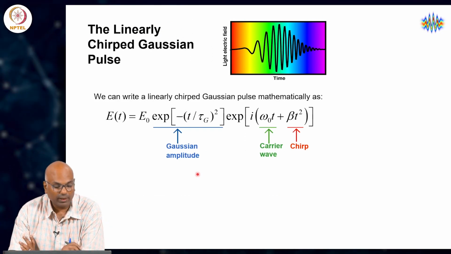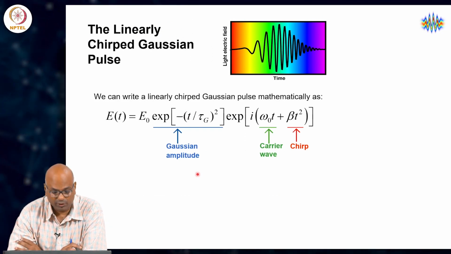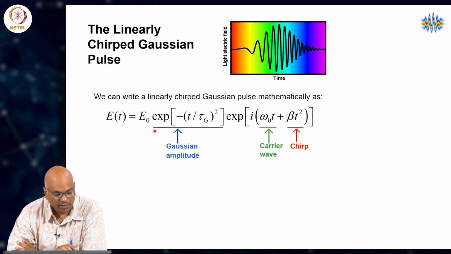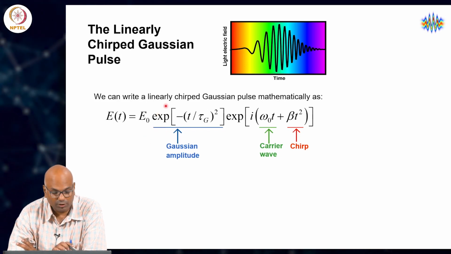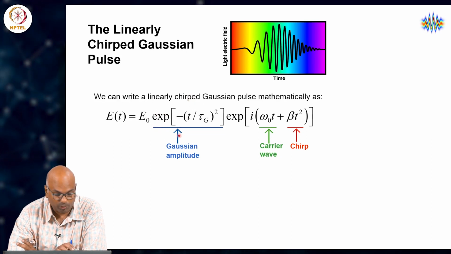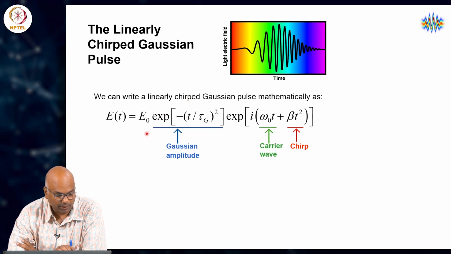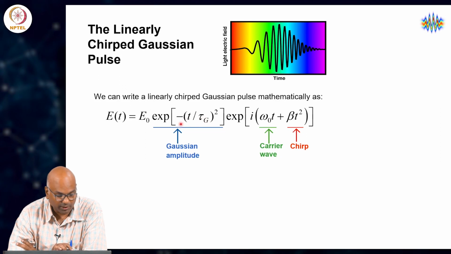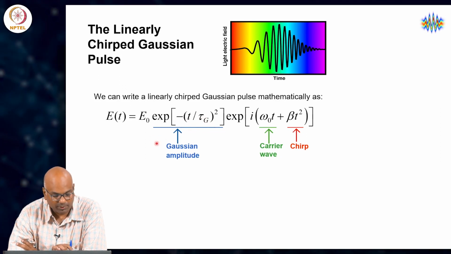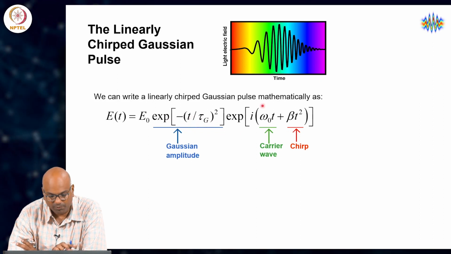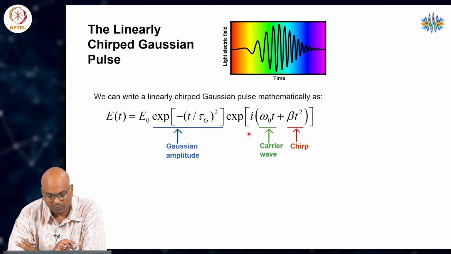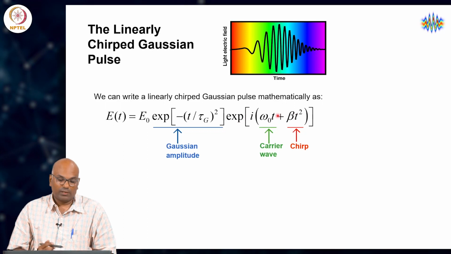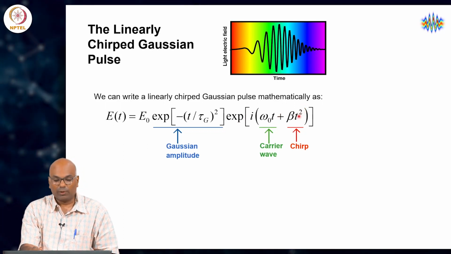The impact of the linearly chirped Gaussian pulse is something we explored in the previous lecture, once again in the time domain, by considering a pulse where we had E naught exponent minus t by t g the whole square, which becomes the real amplitude function of the Gaussian pulse, followed by the carrier wave and the chirp term, which is essentially a term depending on t square.